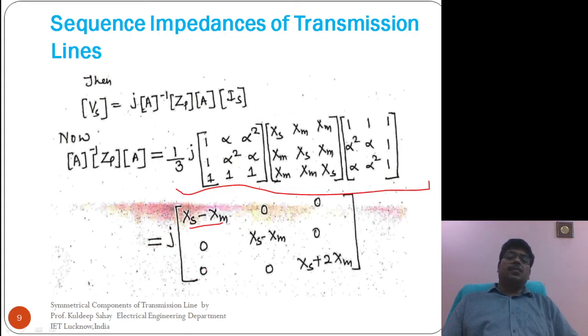In the third row, 0, 0, Xs plus 2Xm. So here you get that A inverse ZP A equals j times Xs minus Xm, 0, 0; 0, Xs minus Xm, 0; 0, 0, Xs plus 2Xm.